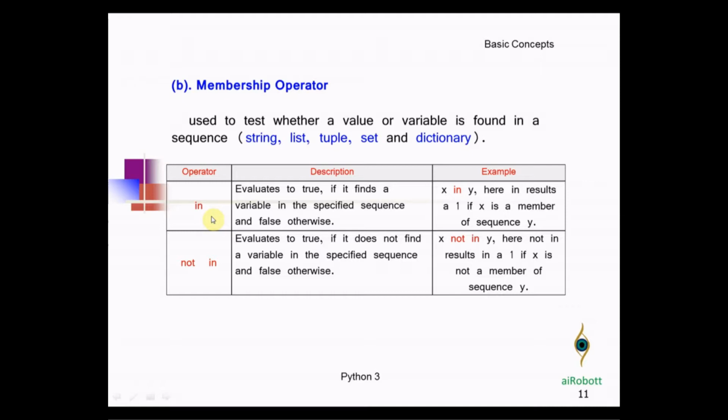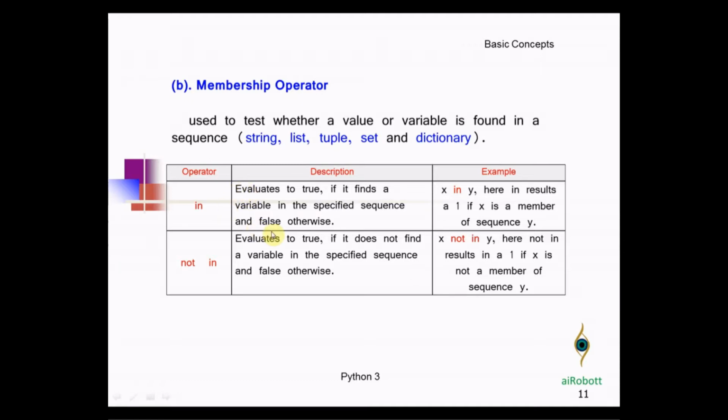The membership operators are in and not in. The in operator evaluates to true if it finds a variable in the specified sequence. Otherwise, it is false. Similarly, not in evaluates to true if it does not find a variable in the specified sequence. Otherwise, it is false.